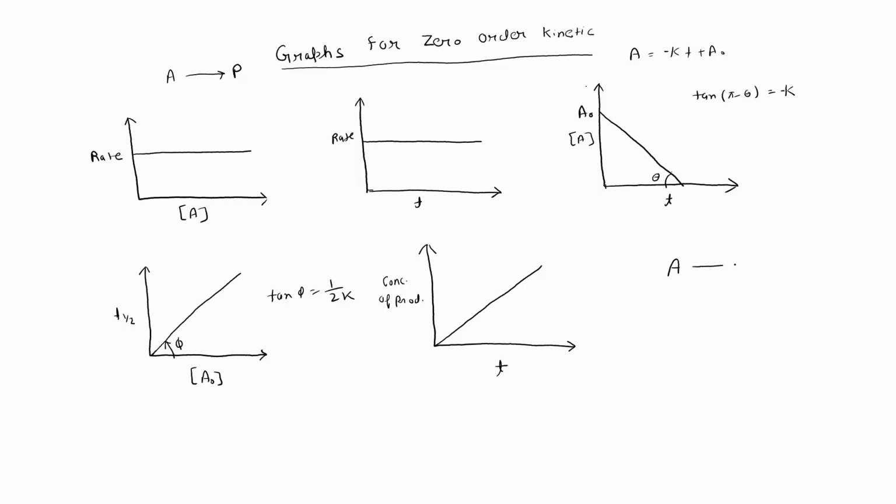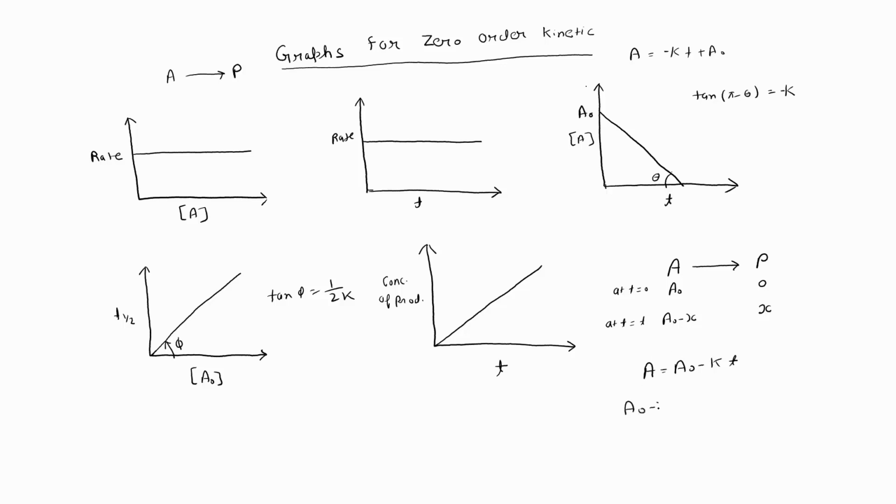If A gives P, then at t is equal to 0, A is A naught and P is 0. At t is equal to t, x amount of A is consumed, so A is A naught minus x and P is x. From the equation for zero order, A is equal to A naught minus kt. Here at time t, A is A naught minus x.